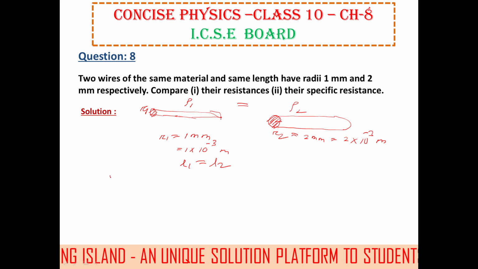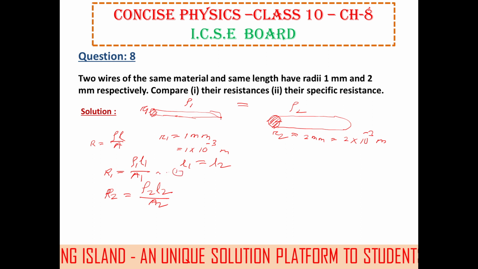So we know we have a formula, R equal to rho L by A, where rho is the resistivity of the material and L is the length of the wire, and A is the cross sectional area. So here I can write R1 equals rho 1 L1 by A1, and R2 will be rho 2 L2 by A2.